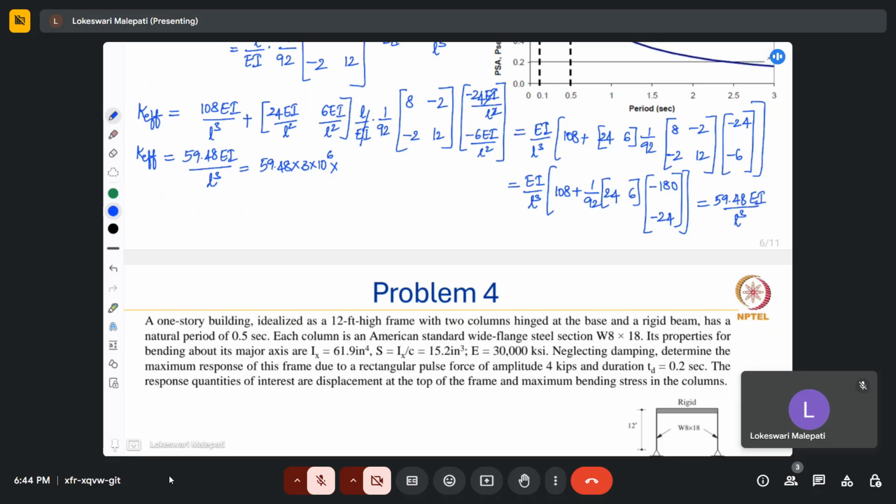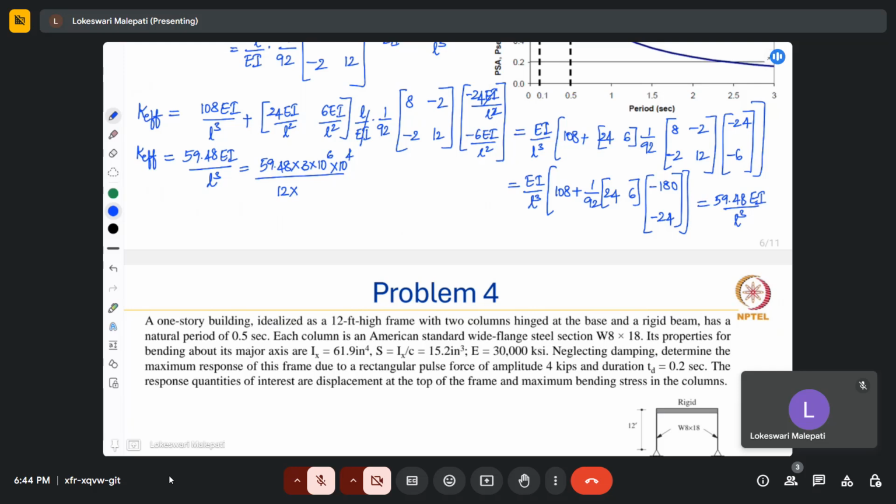They have given that it's a square section, so that would be d power 4 by 12. So that means 10 power 4 divided by 12 multiplied by L cube. So L is given as 24 feet.